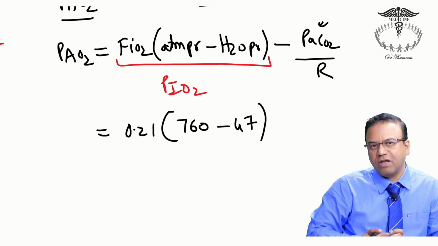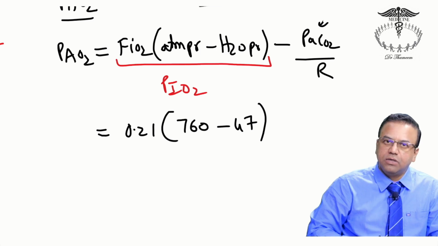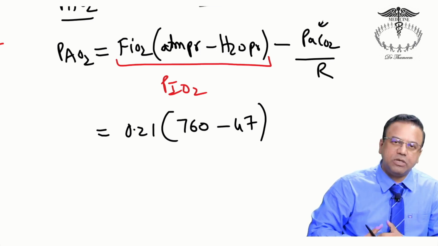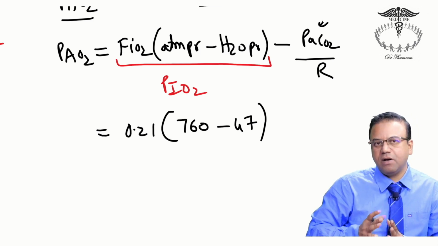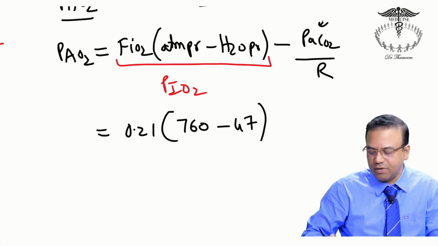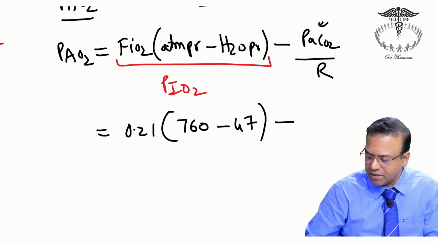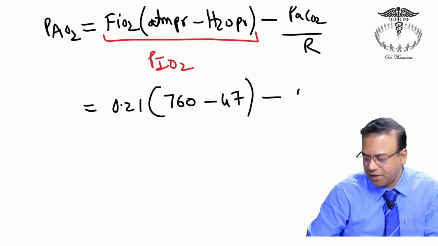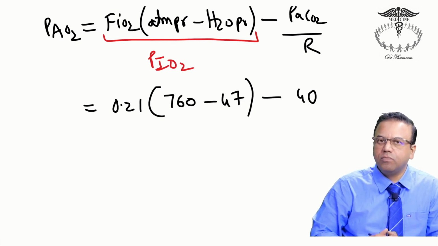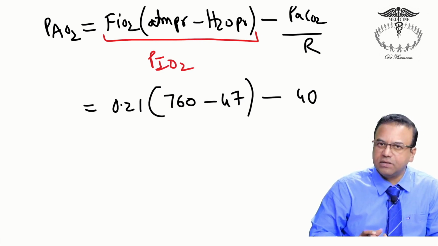What alters the water vapor pressure actually is the body temperature. So in a person who doesn't have fever, with normal body temperature, we expect the water vapor pressure to be around 47. The arterial carbon dioxide in a normal person at rest is around 40, breathing normal tidal volume.